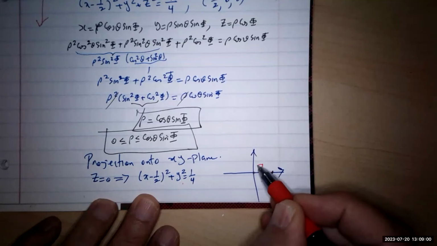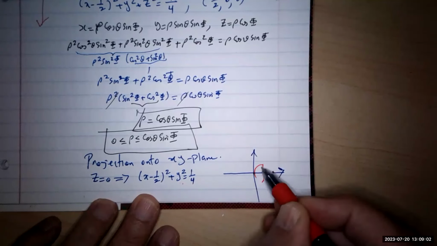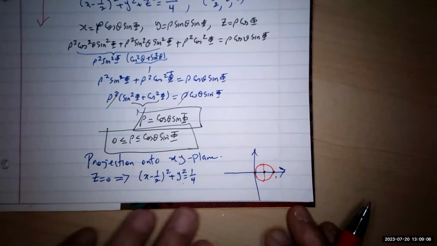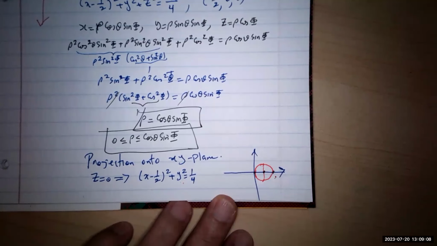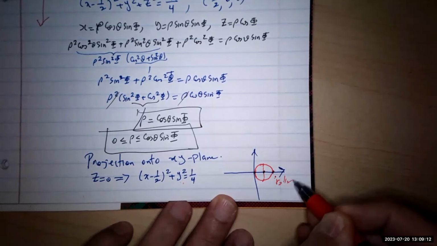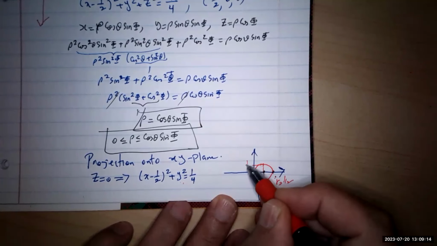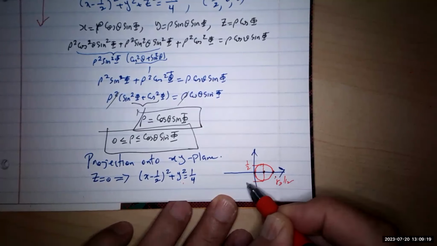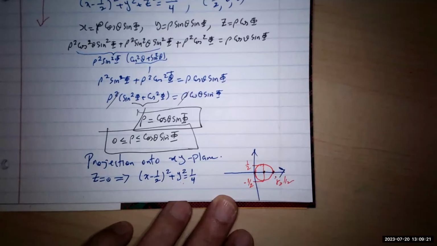So this is going to be the circle. The radius of this circle is 1/2. If you think about it, this is 1/2 and this is 1/2.